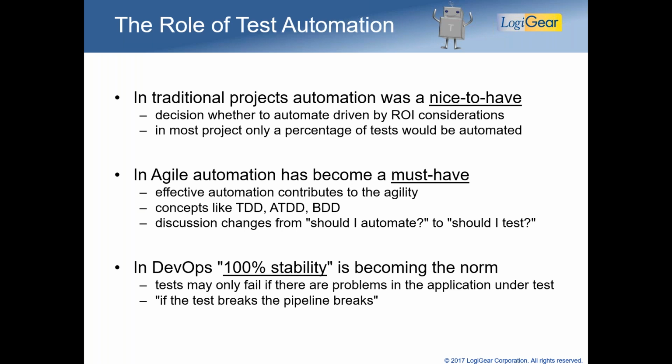And we really see customers, big customers, come up with the requirement that it needs to be 100% stable. The problem is if a test breaks, the pipeline breaks. So any problems that come out of an automated test run should be due to the application under test, real bugs in the application under test. And it should not come from the test.